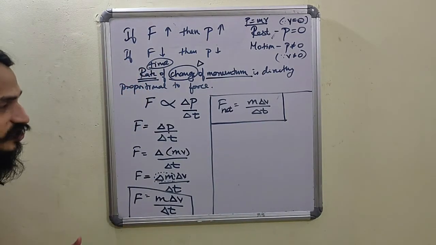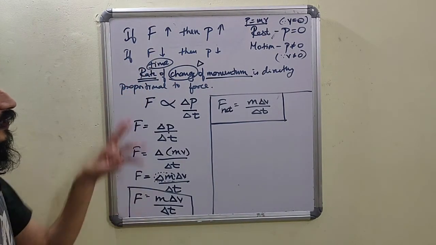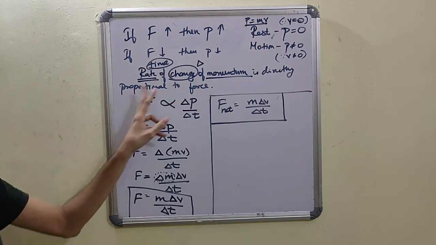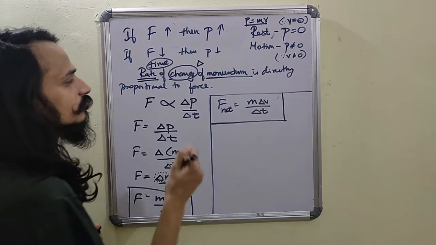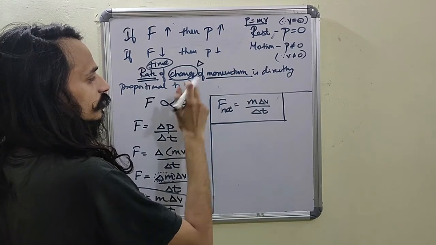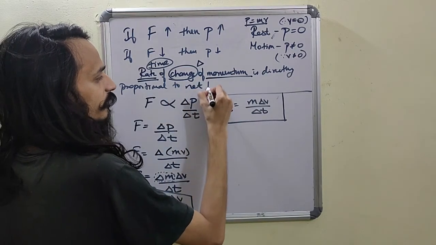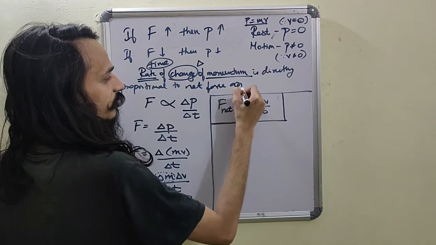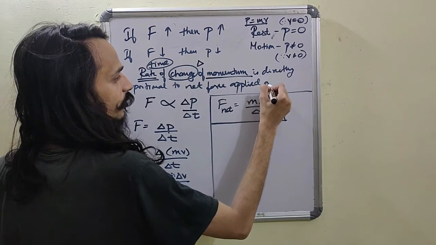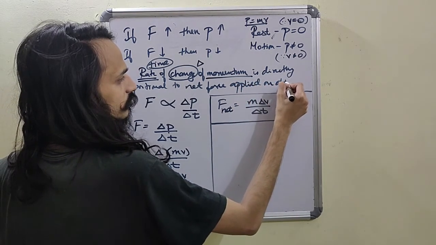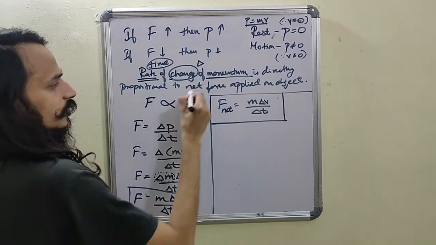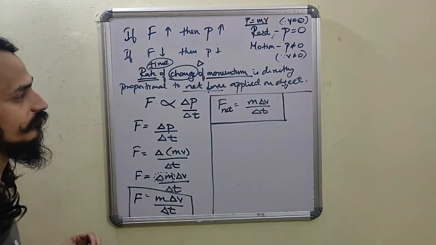Okay, and to state the law, rate of change of momentum is directly proportional to force, or let's call it net force, net force applied on the object. It means the same thing, right? I just changed force to net force.